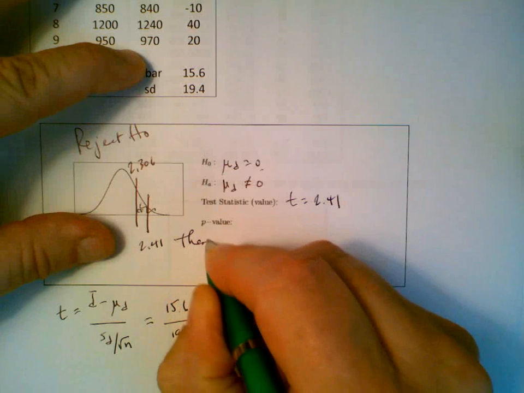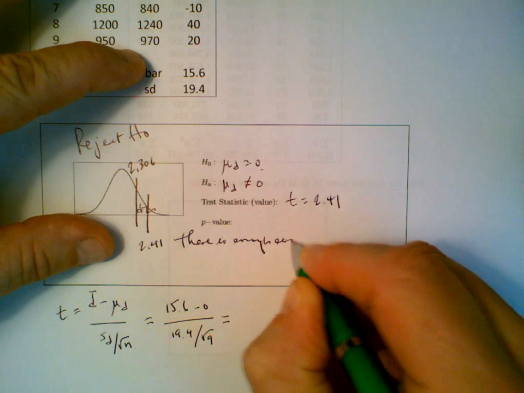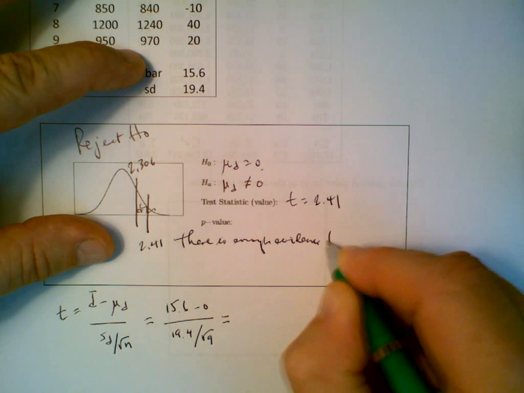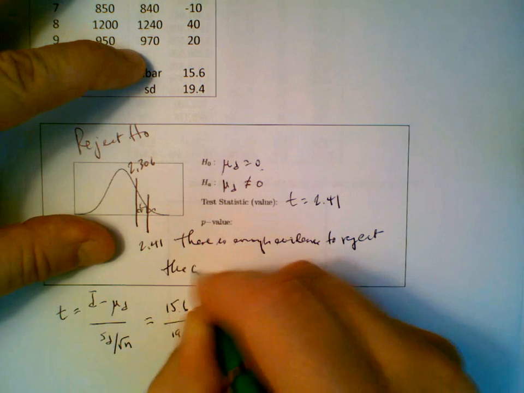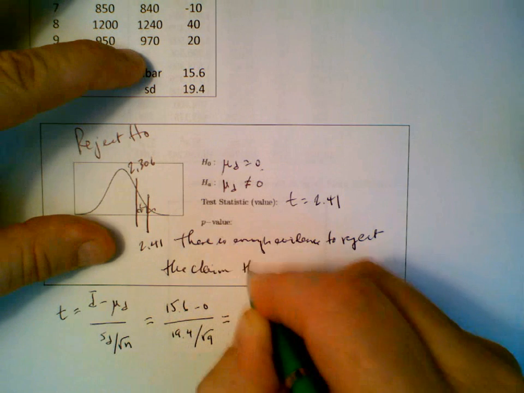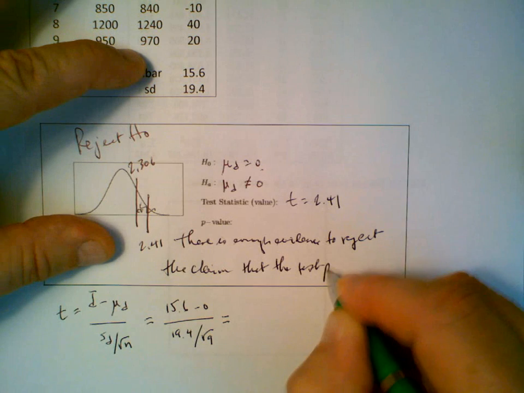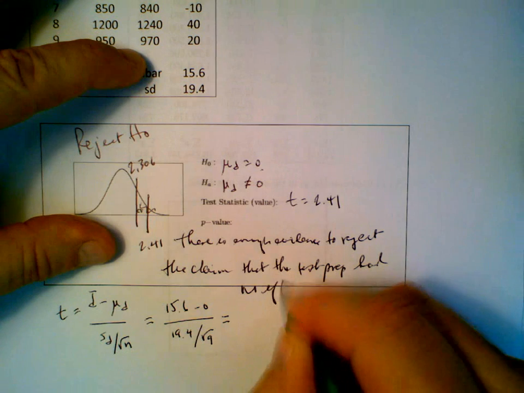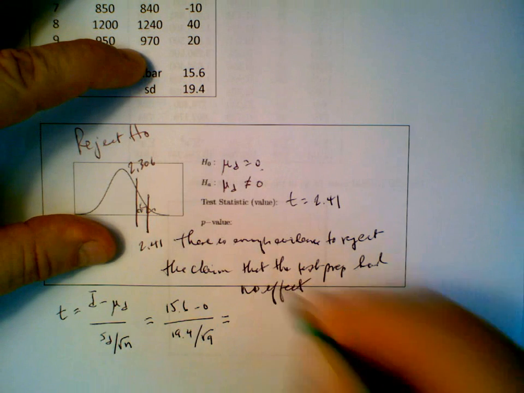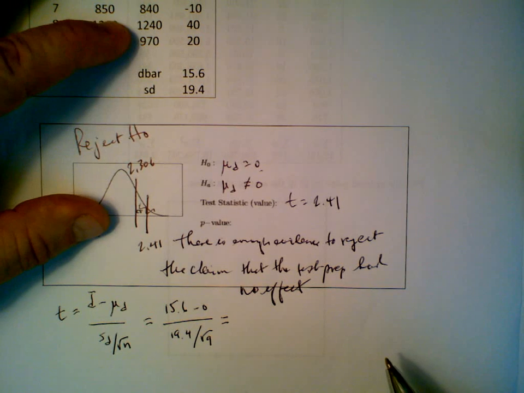There is enough evidence to reject the claim that the test prep had no effect. Always have a problem with double negative. Well, there's no double negative in there. Isn't that nice? That's a good English sentence.